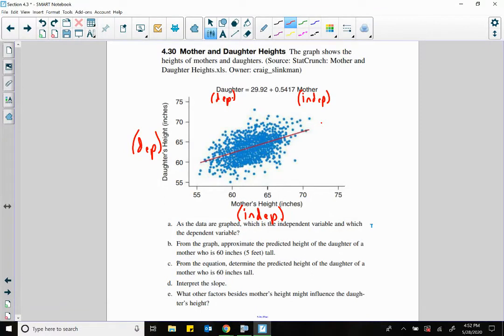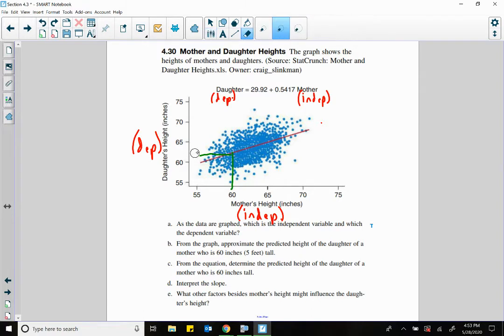All right, so now, part B says, from the graph, approximate the height of the daughter of a mother who is 60 inches tall. So a mother is 60. They want to know how tall is the daughter. So there's 60. And then kind of drawn across as best as I can.